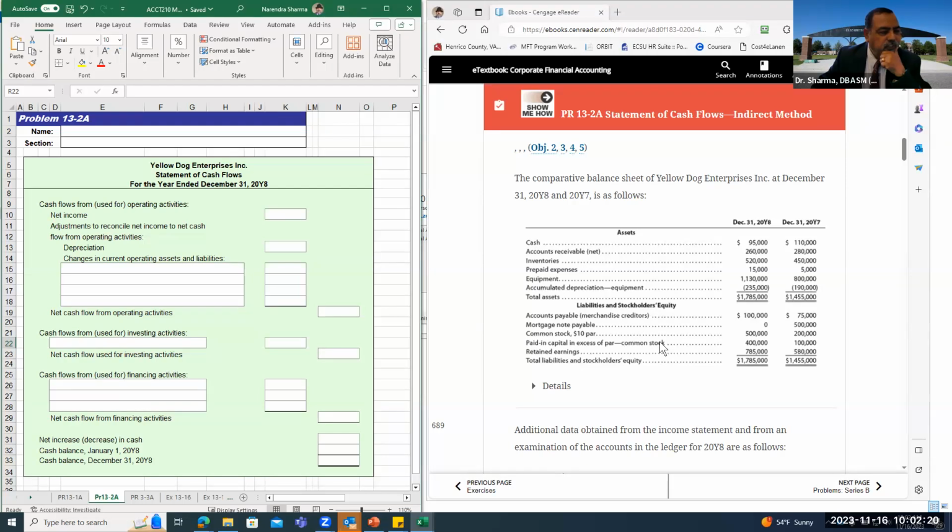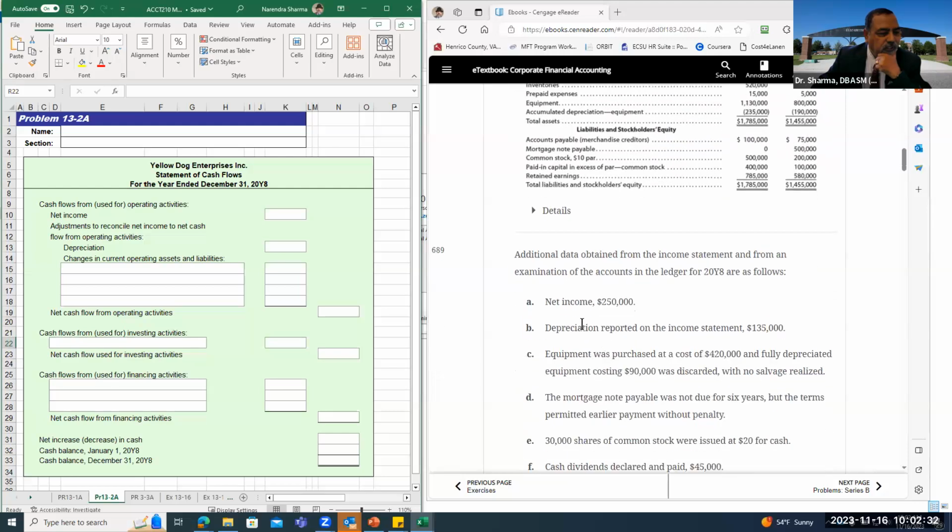We are going to first start with the net income. There are two ways of giving the net income: either they give you an income statement or they give you information. Here we are given item A, net income of 250,000, so that's what we start with.